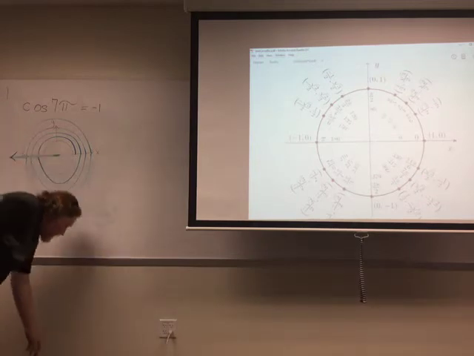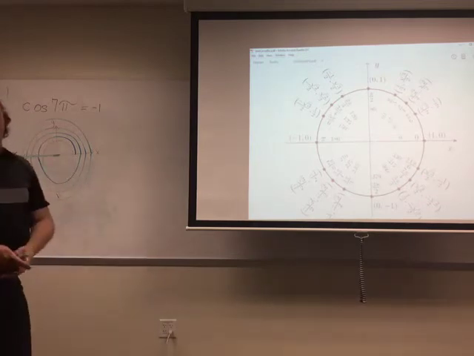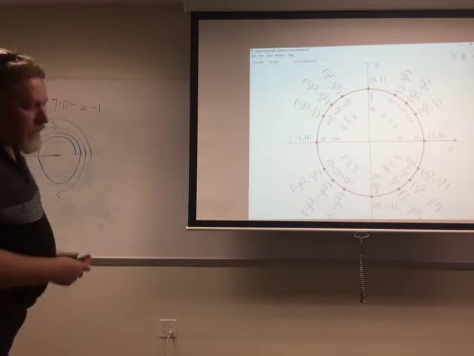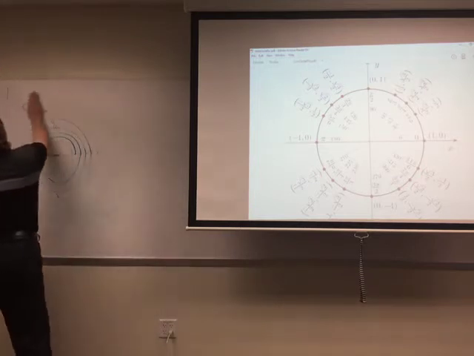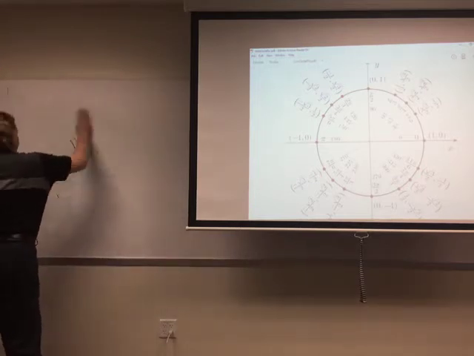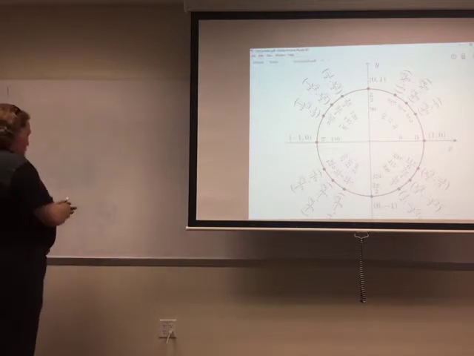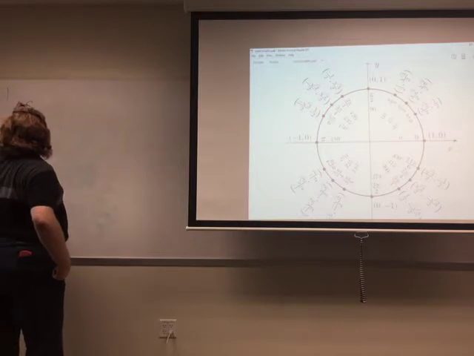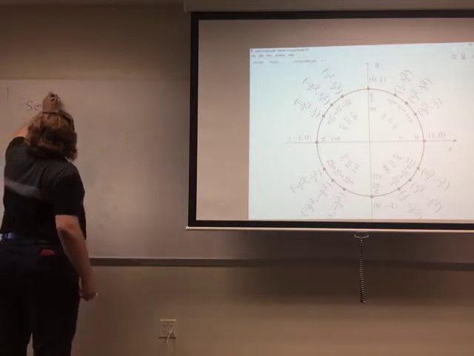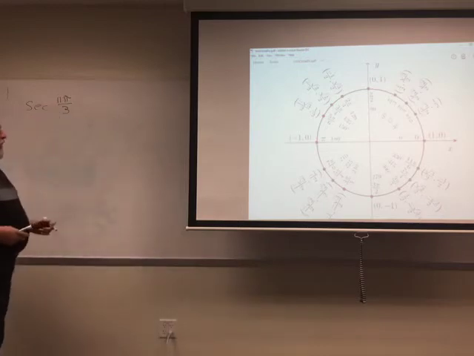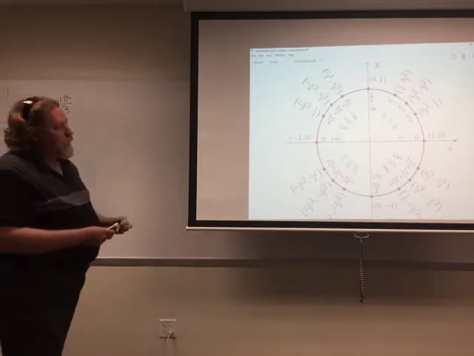Now what if I run into something even weirder? What if, for instance, I needed to find the secant of 11 pi over 3? Well, again, I can look at my unit circle.